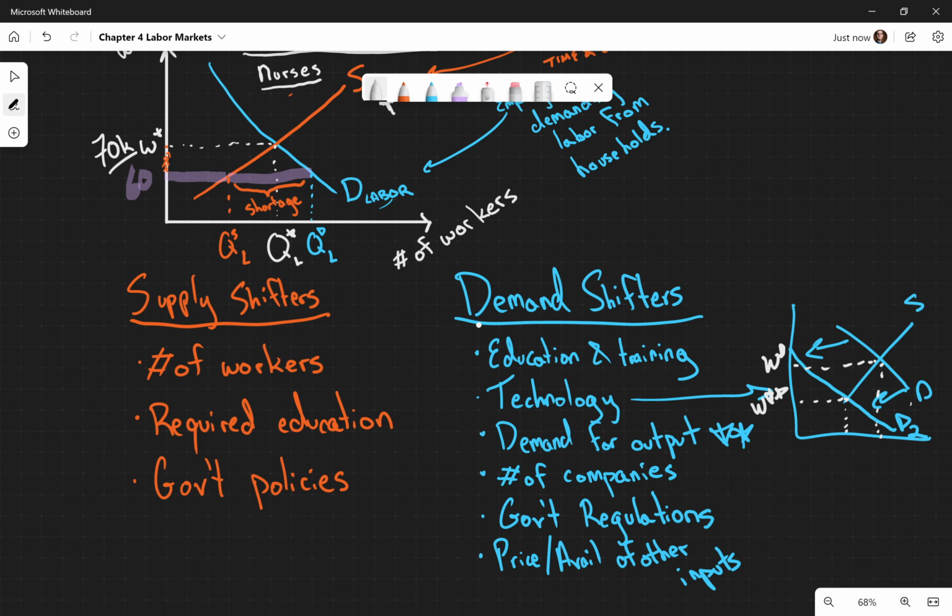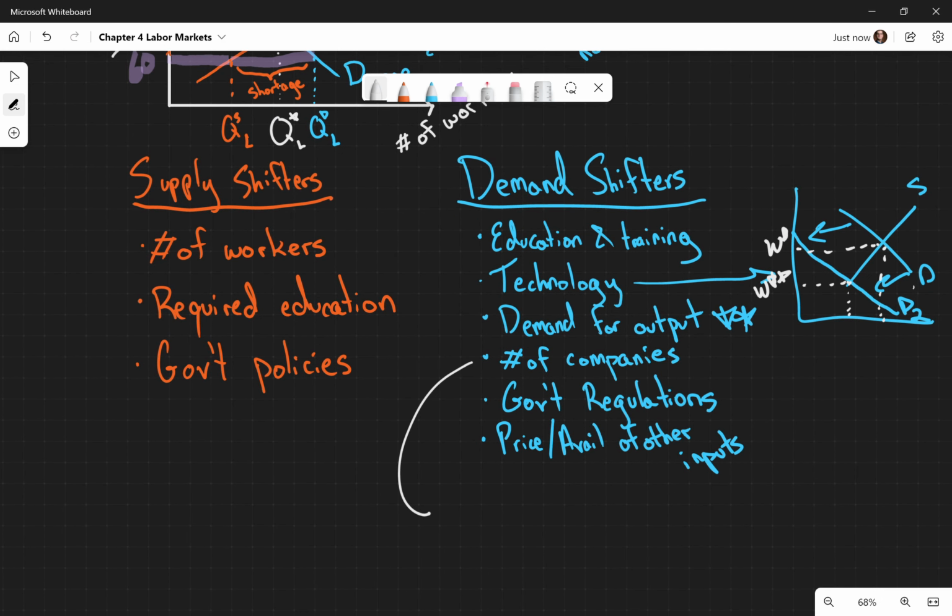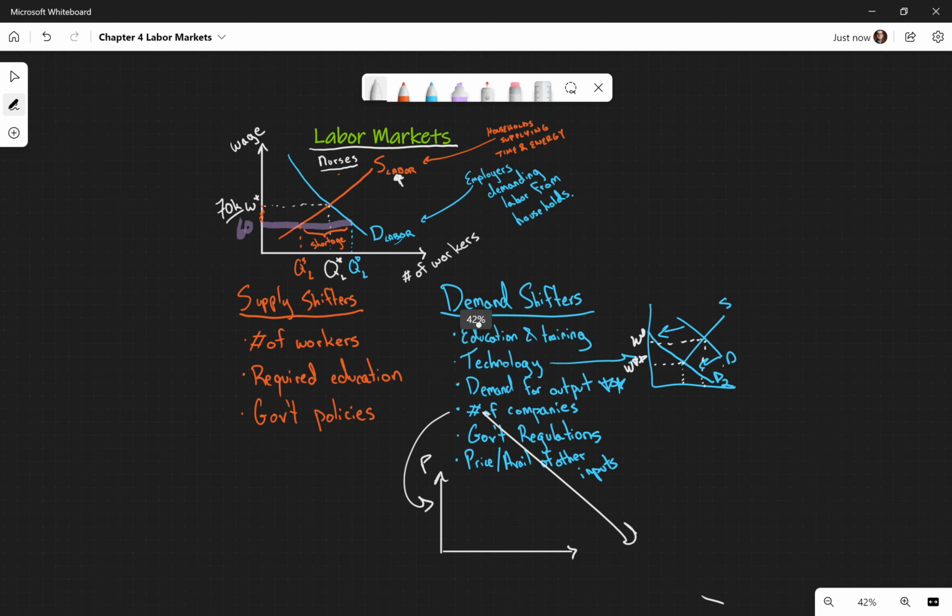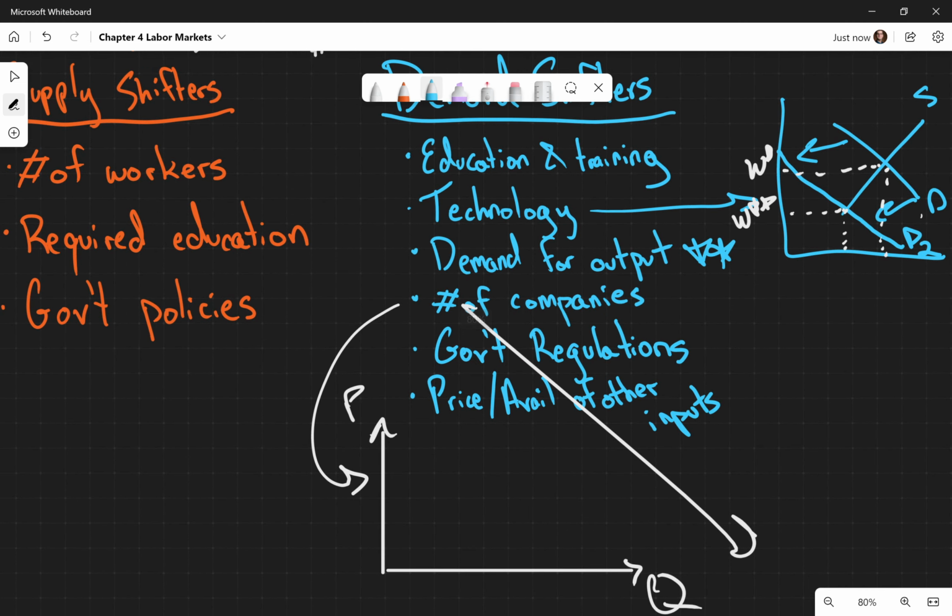The number of companies. If all of a sudden there's a whole bunch of companies, the demand for labor is going to increase. I'm thinking of Silicon Valley. When the tech industry popped, there was a period where everybody was developing the next Uber.